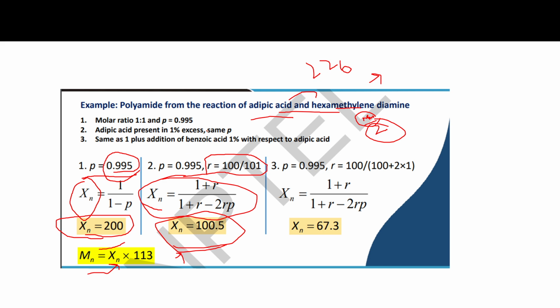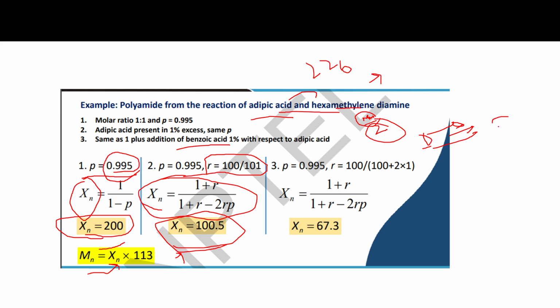For this condensation polymerization, we also introduced the monofunctional impurity. What is a monofunctional impurity? When the polymerization is going on, two functional groups are present, so the polymerization proceeds from both sides. One side will be acid, and for the ester, the other side will be alcohol.